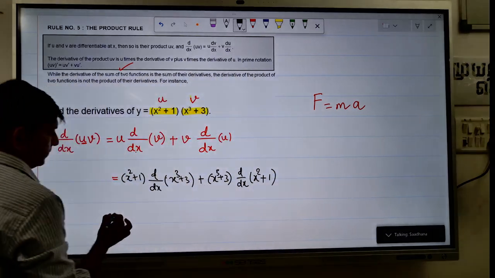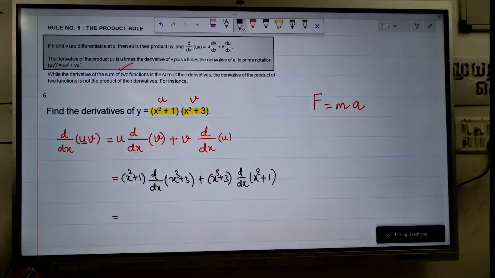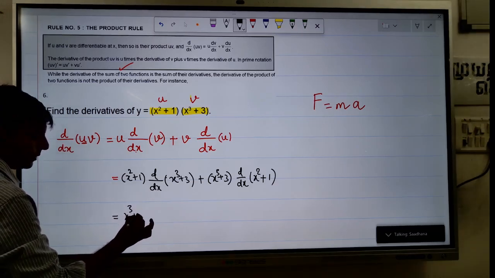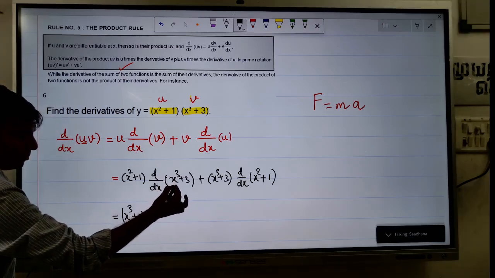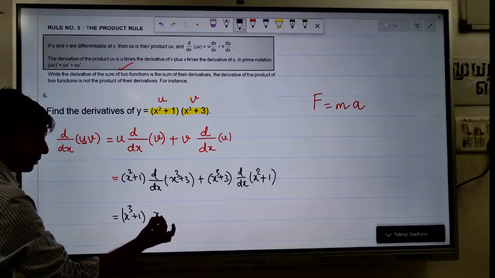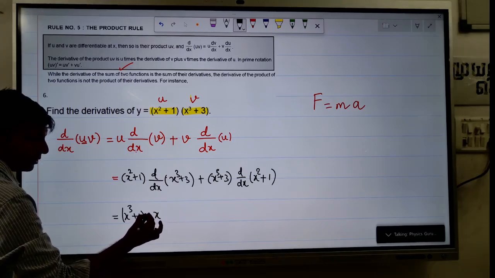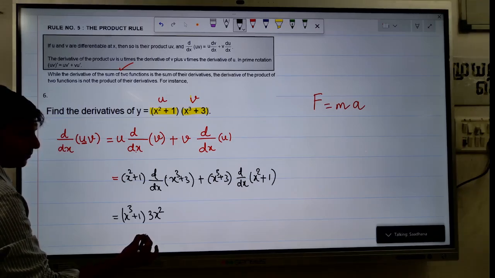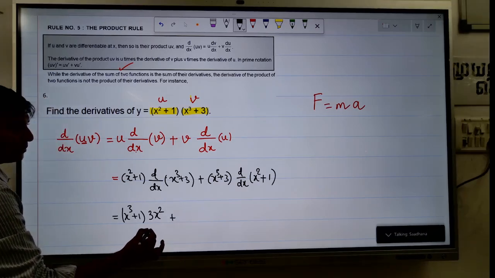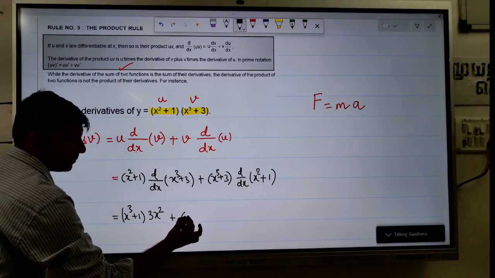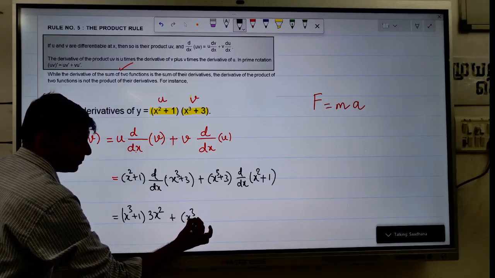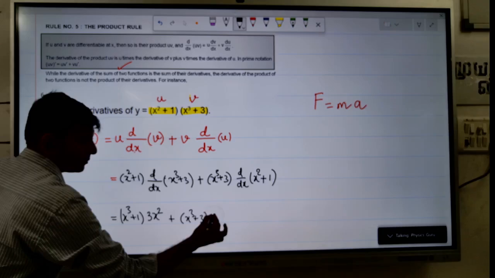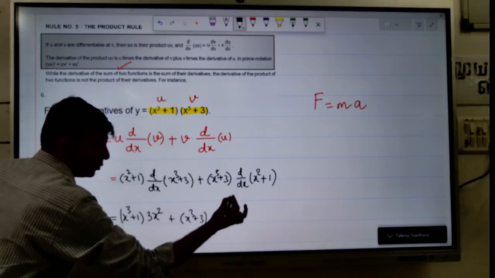Excellent. Okay. Tell me, can we write this as 3x square plus 2x?